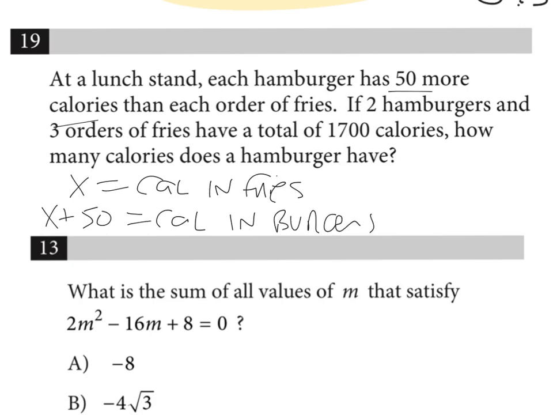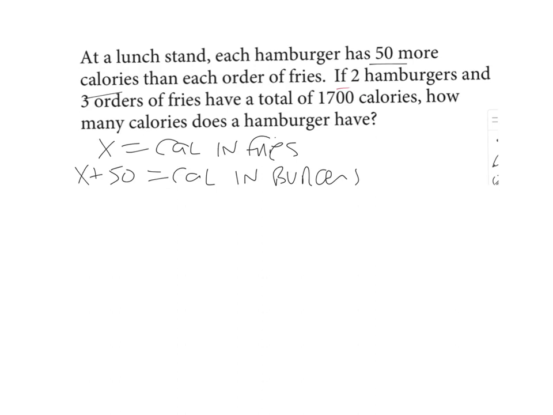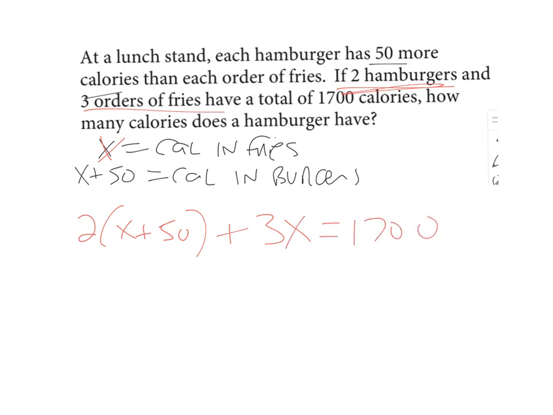The question says, if two hamburgers, so 2 times x plus 50, and 3 orders of fries, so 3 times calories in fries is x, they have a total of 1,700 calories. How many calories does a hamburger have?